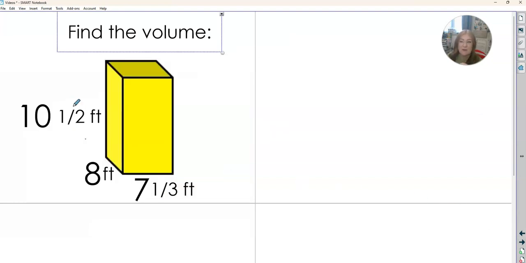Hey, this time we're going to find the volume, but we are using fractional amounts. So we have 7 1/3, so we're just going to write out the problem, times 8, times 10 1/2. So we need to make these improper.